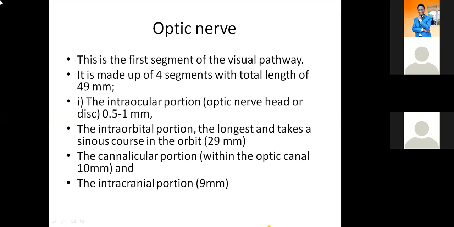Then the third portion is the canalicular portion, which is within the optic canal, the bony canal, and that measures about 10 millimeters in length. Then the last portion of the optic nerve is the one which enters into the cranial cavity, the anterior cranial fossa, which is the intracranial portion, and it's about 9 millimeters in length.